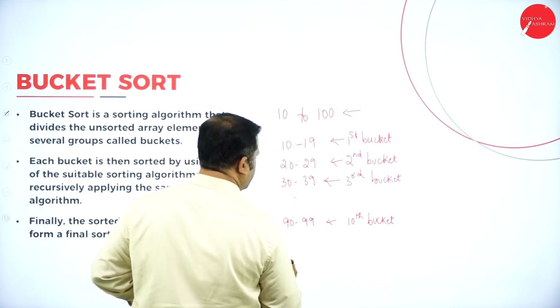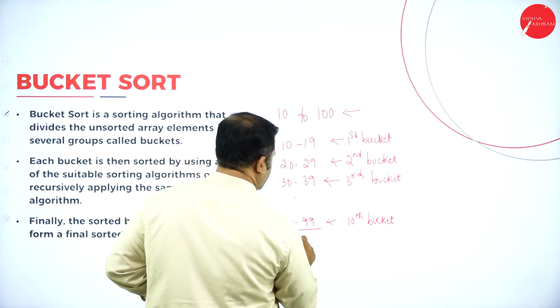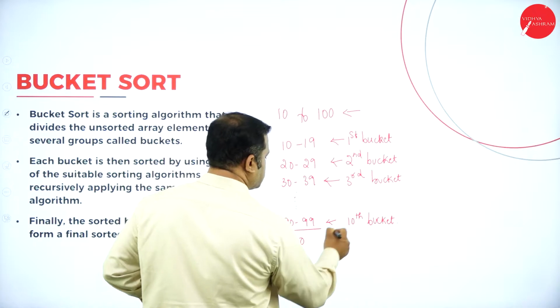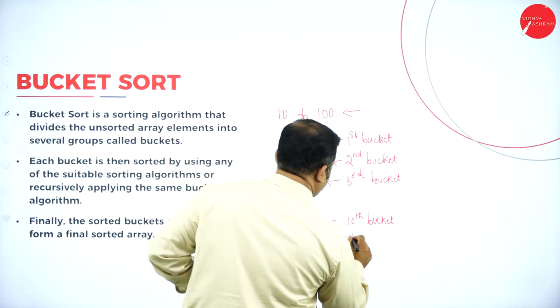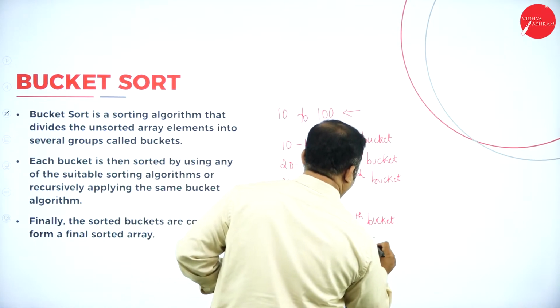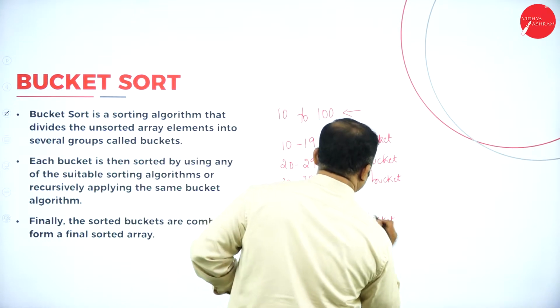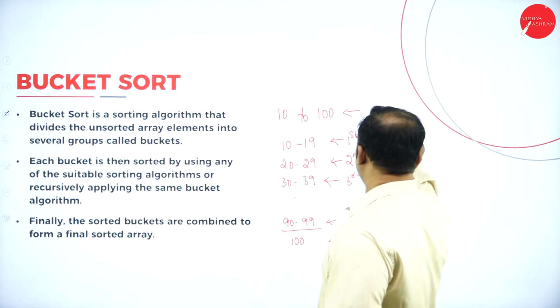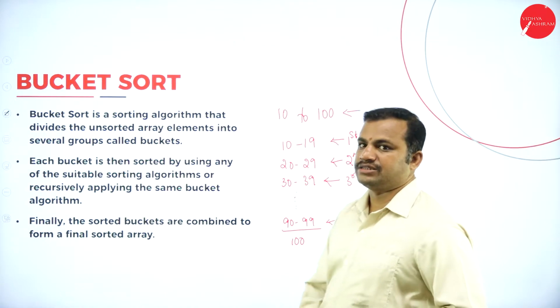The last element, that is 100, is placed in the 11th bucket. So totally how many buckets are there? 1 to 11 buckets are there.